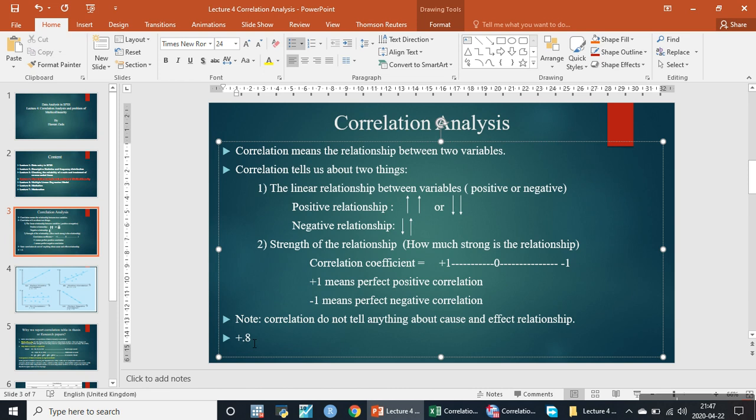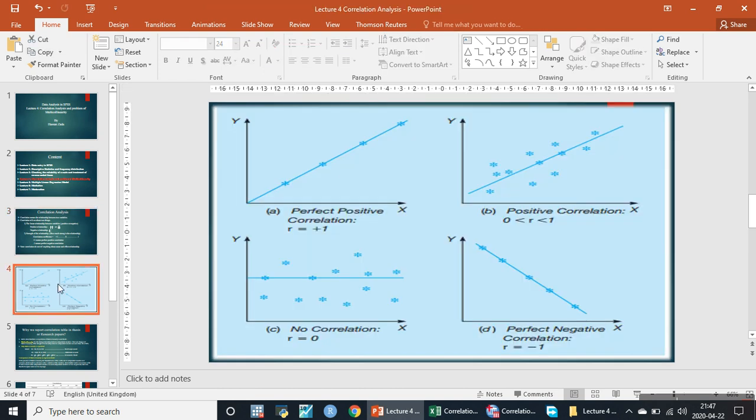If the correlation coefficient value is plus 1, it means that there is a perfect positive relationship. The plus and minus indicate the direction of the relationship between variables, whether it is positive or negative. The correlation coefficient value indicates the strength of the relationship between two variables. Graphically, it looks like this. The x variable is on the x-axis, the y variable is on the y-axis.